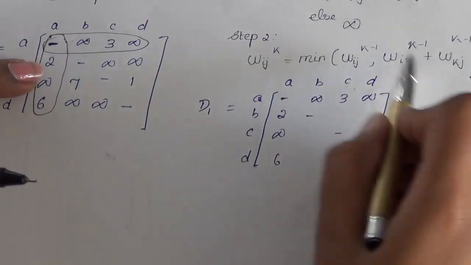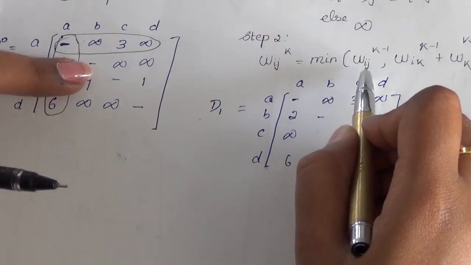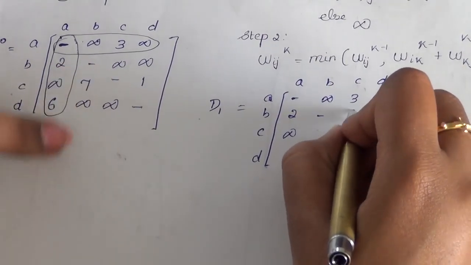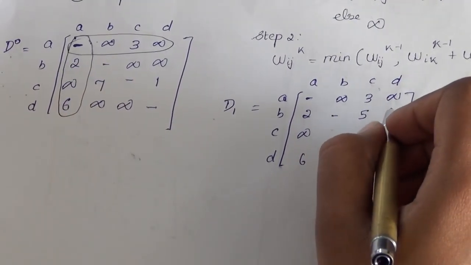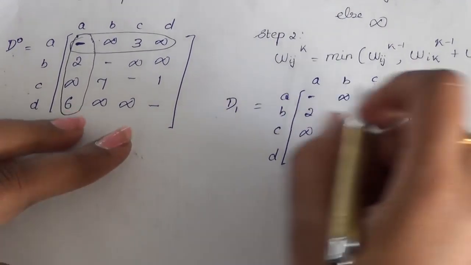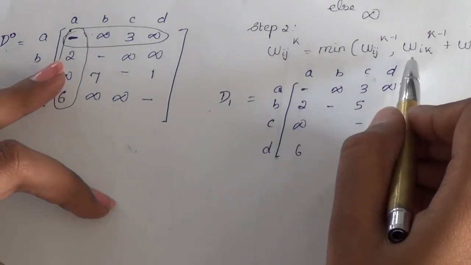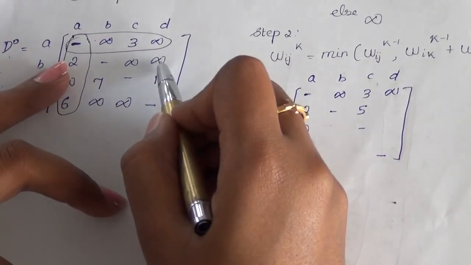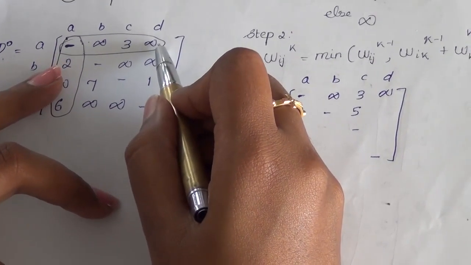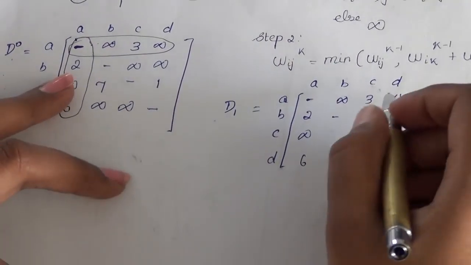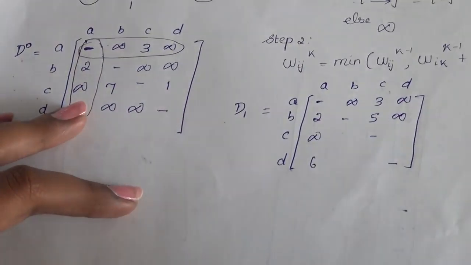So 2 plus 3 will be 5, and this will be infinity. The minimum value will be 5, so I am replacing this infinity with 5. Similarly, I will be filling all the other values. For B to D, the already given value is infinity. Wik will be 2, and Wkj, the respective column, will be infinity. So 2 plus infinity is also infinity. Both are infinity, so there is no issue, and I am again writing it as infinity.